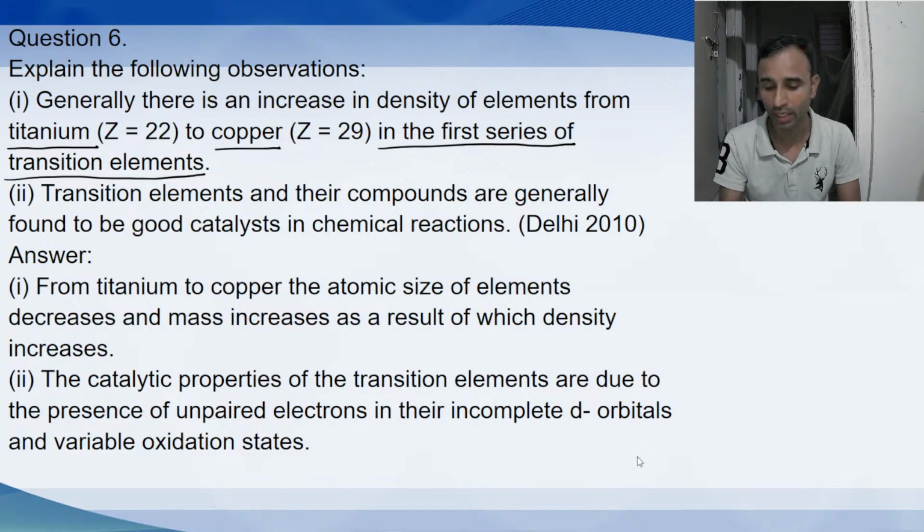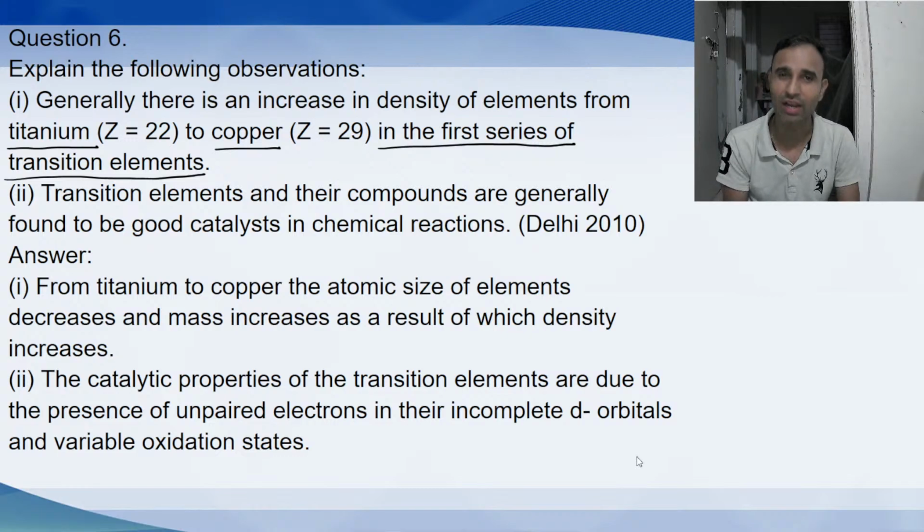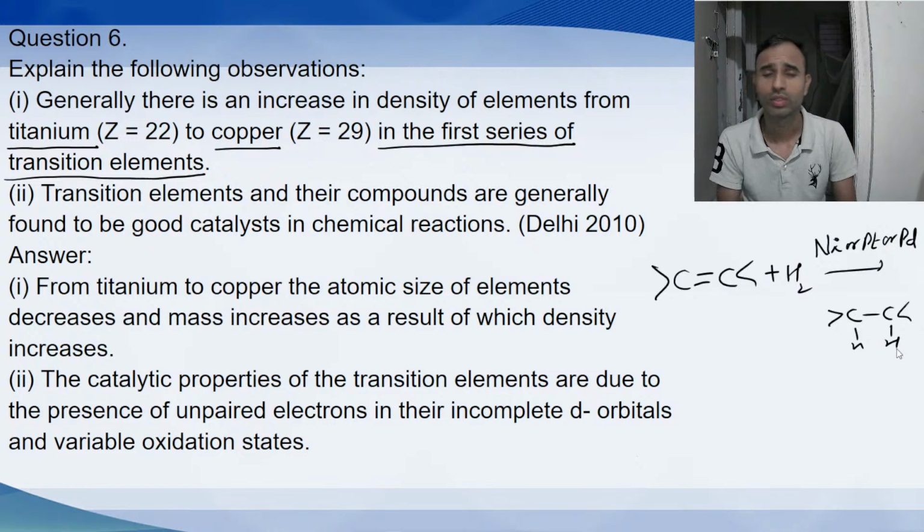So, say in the case of hydrogenation of alkene, nickel, platinum, palladium will be used as a catalyst. There are many reactions in which transition elements or their compounds are used as catalysts.